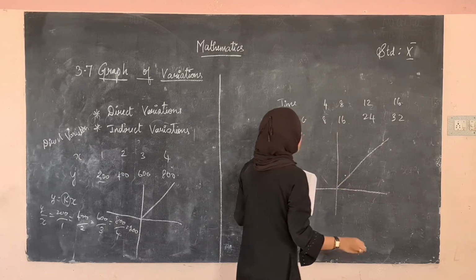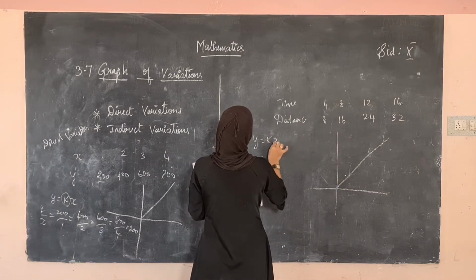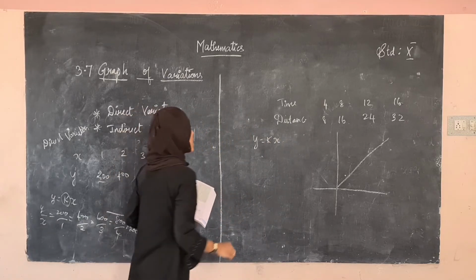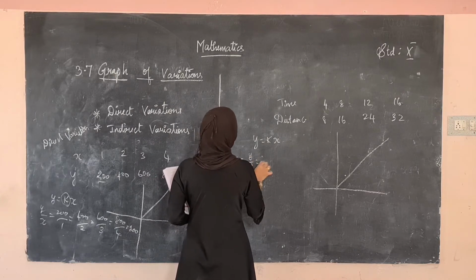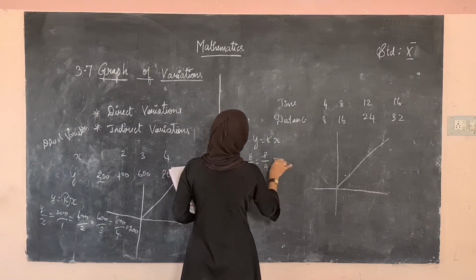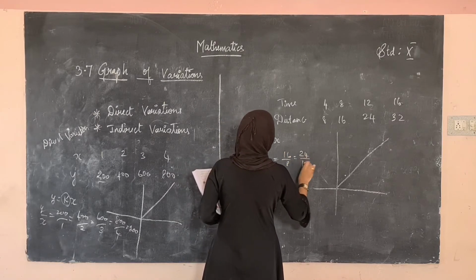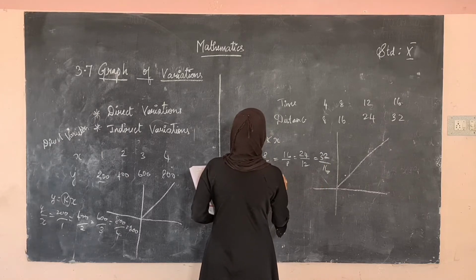See here, y is equal to k into x. Now for this, shall we find the value of k, the constant of variation? How can we find the value of k? K is equal to y divided by x, that is 8 divided by 4 equals 16 divided by 8 equals 24 divided by 12 equals 32 divided by 16, that is 2.